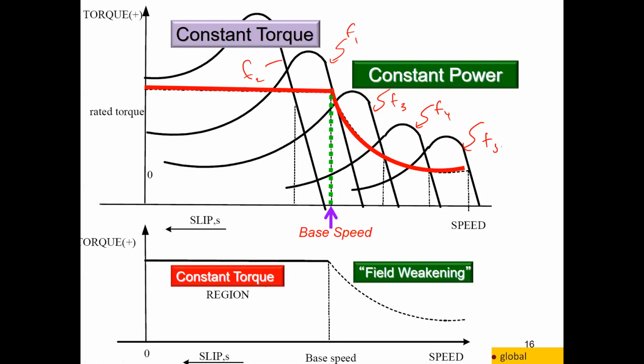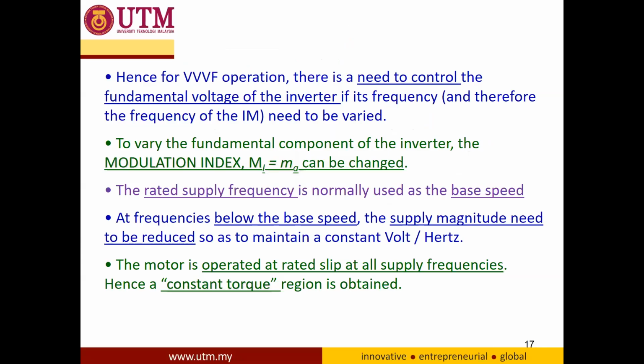If you want your motor to operate in the constant torque region, please make sure that the frequency is always smaller than the rated supply frequency. Usually in Malaysia, the rated supply frequency is 50 Hertz. So if you want the motor to operate in the constant torque region, the supply frequency must be lower than 50 Hertz. And this can be done simply by controlling the inverter switching.